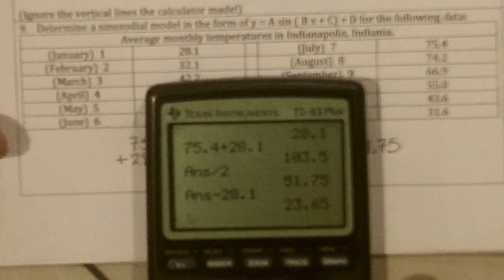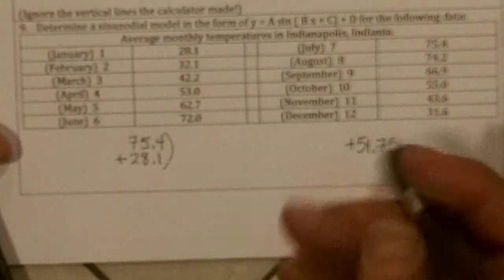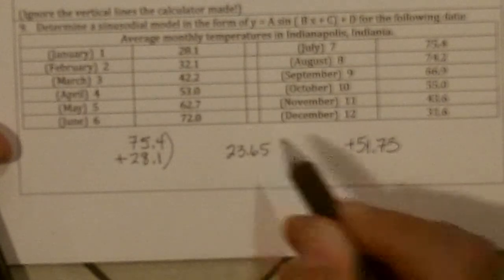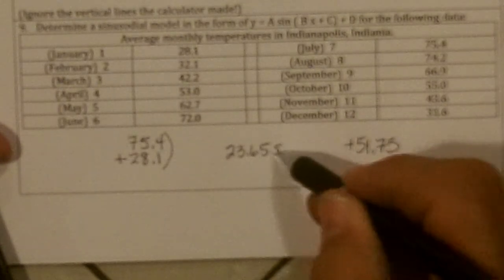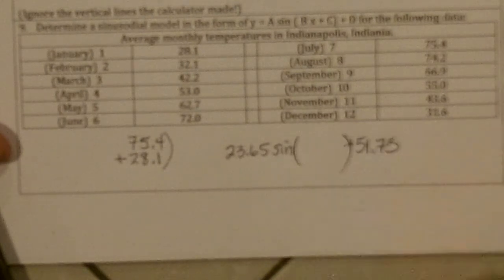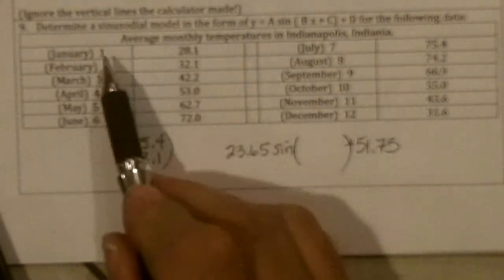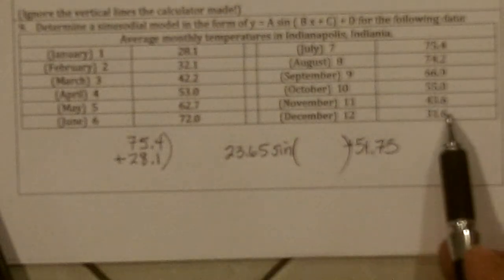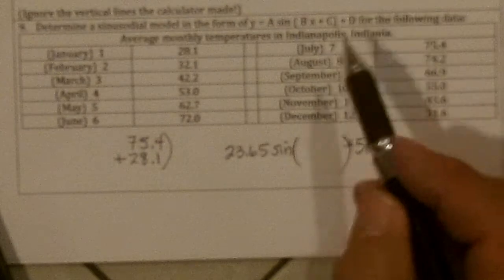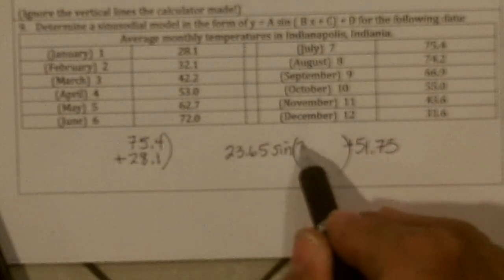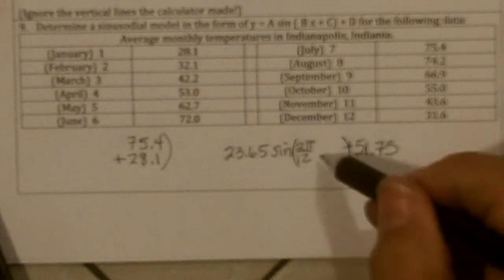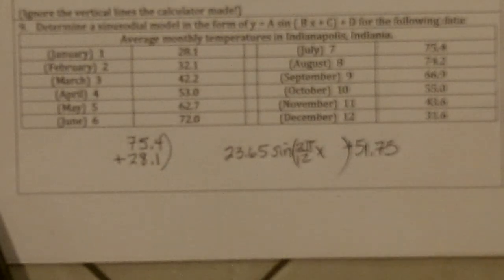And I get an amplitude of 23.65 approximately. We're doing sinusoidal, so I do sine. Now to give it a period, if we're doing temperatures, the period should be 12 for 12 months. And so I write 2 pi divided by 12, or pi over 6, times x.